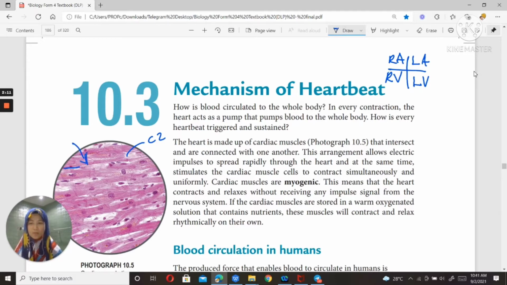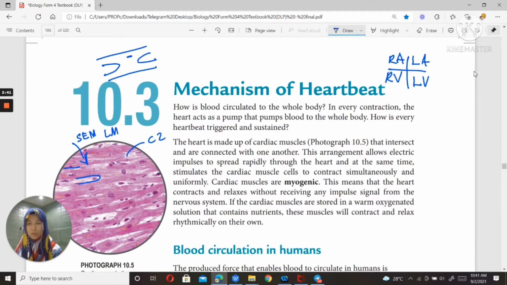Under the electron microscope, scanning electron microscope, or maybe light microscope, we can also see the structure. Clearly the cardiac muscle cells or cardiac muscle tissue are interconnected. So awak nampak dia bersambungan. Kalau lukisan biasa nampak macam ni lah.